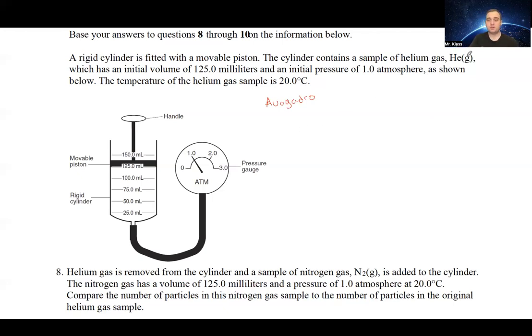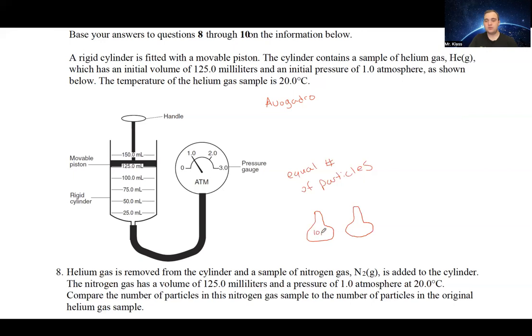For example, we have helium gas, and then we empty it and put in nitrogen gas. All the factors are exactly the same, so that means there's an equal number of particles. And this is due to Avogadro's law. If we look at a different problem, draw an Erlenmeyer flask, and this is sealed. Then we draw another Erlenmeyer flask, and this is sealed.